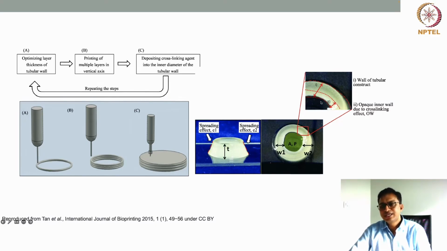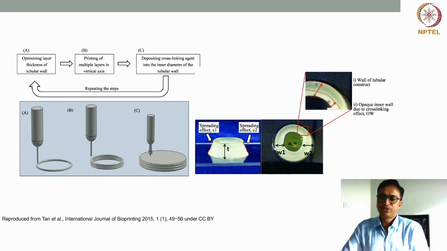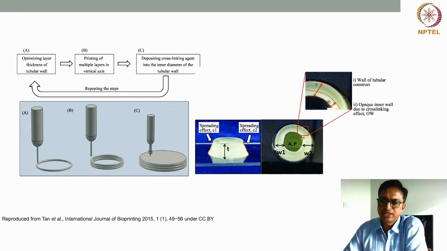You can see this part is highly cross-linked because it is opaque in nature, while the outer part is less cross-linked, because the cross-linker solution is present within this channel, within this pore, and from there it diffuses through the inner wall towards this side. That's what happens when it is printed like this.